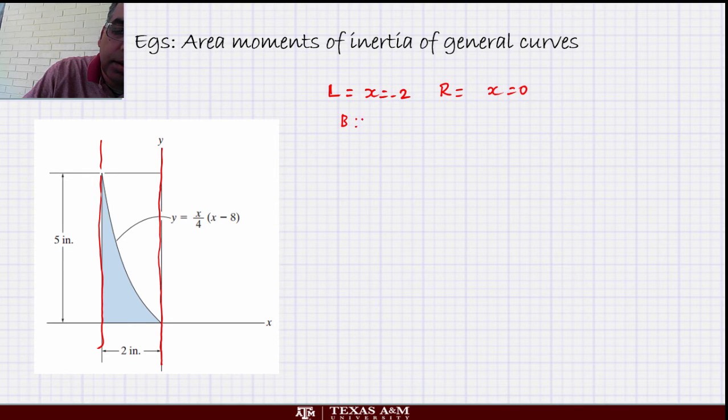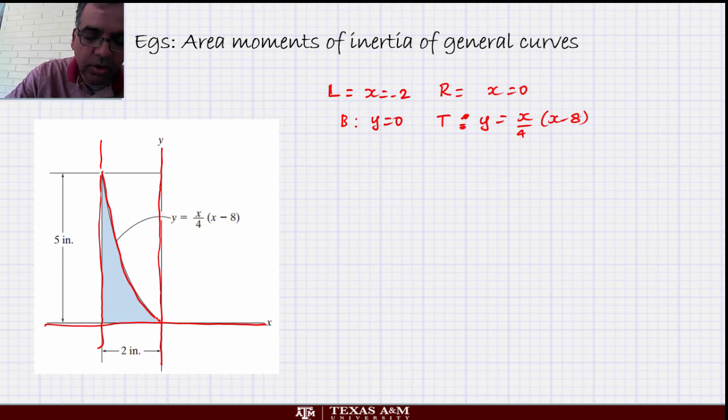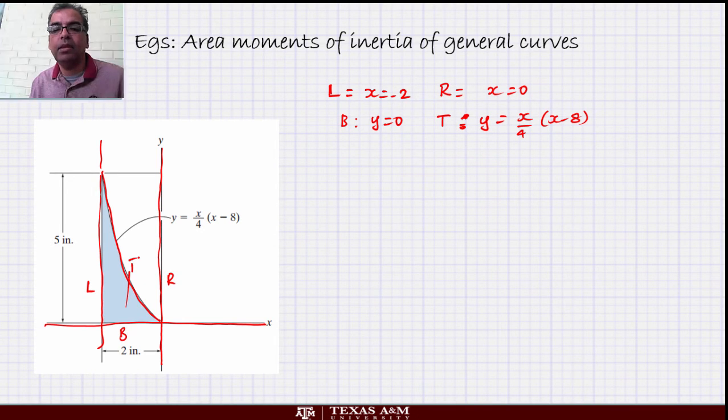Bottom is y equal to 0, that's this line. And then top is y equal to x over 4 times x minus 8, that's this line. If you look at this thing, this is left, right, bottom, top. Okay, now we are in business.